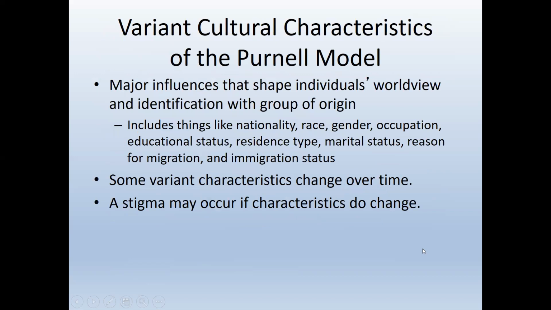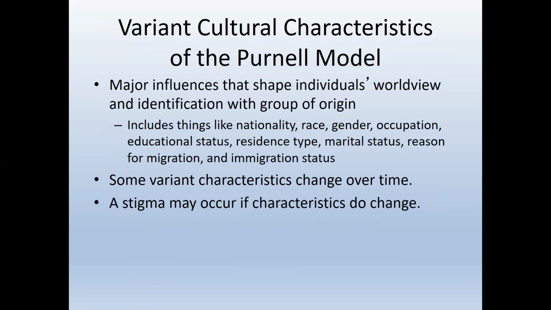Major influences that shape an individual's worldview and identification with a group of origin. So these are the kinds of things like your nationality, your race, your gender, occupation, educational status, residence, marital status, migration, immigration status.